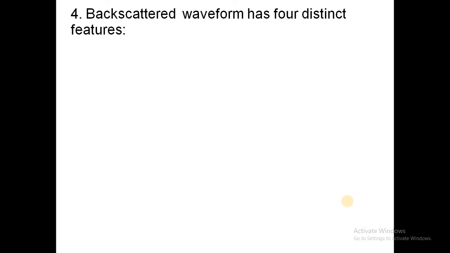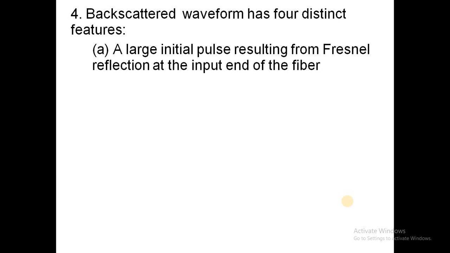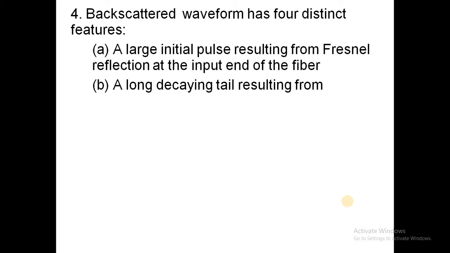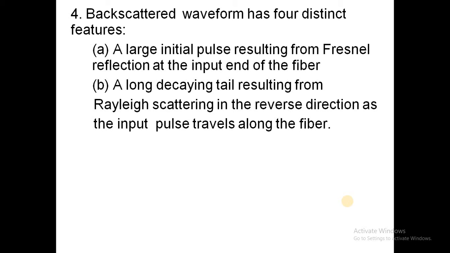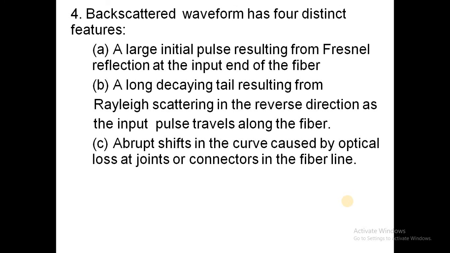Backscatter waveforms have 4 distinct features. A large initial pulse resulting from Fresnel reflection at the input end of the fiber. A long decaying tail resulting from Rayleigh scattering in the reverse direction as the input pulse travels along the fiber. Abrupt shifts in the curve caused by the optical loss at joints and connectors in the fiber line.